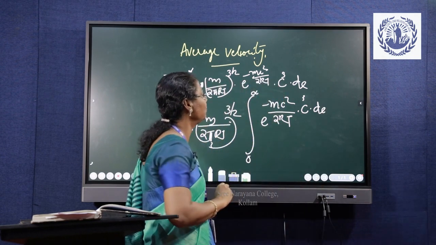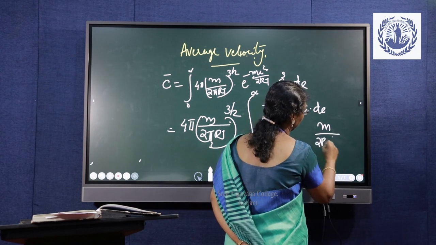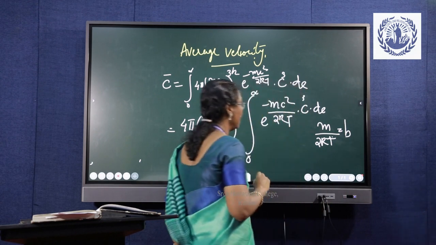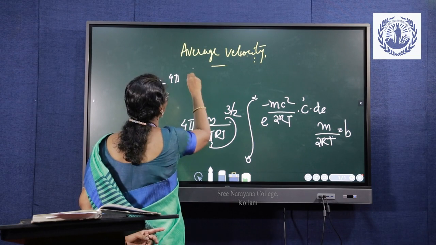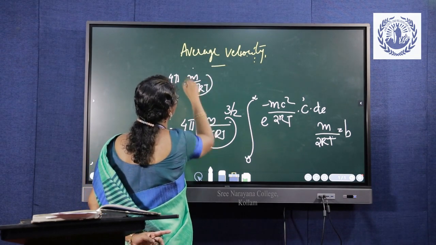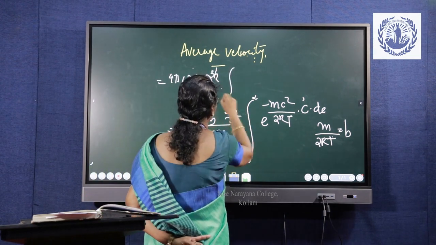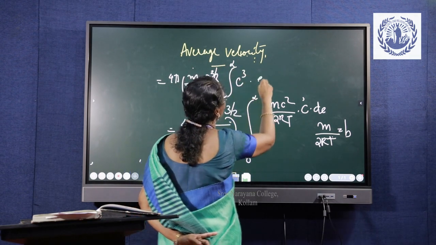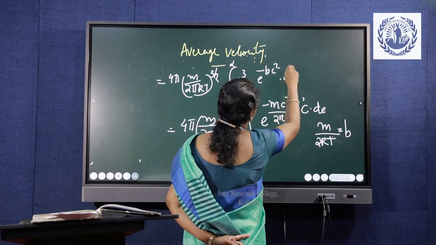Here we can substitute m by 2 RT equal to small b. Now the equation becomes 4 pi into (m by 2 pi RT) raised to 3 by 2 into the integral from 0 to infinity of c cube into e raised to minus b c square into dc.